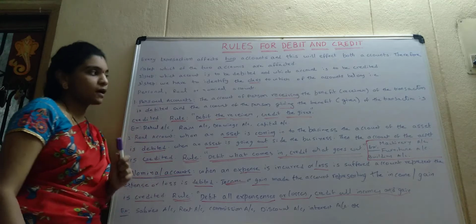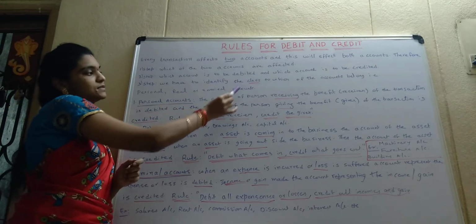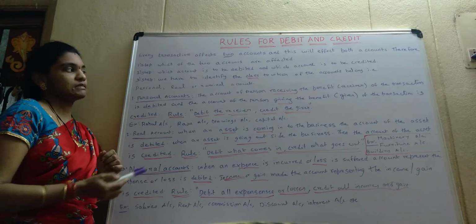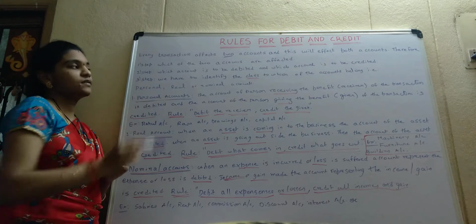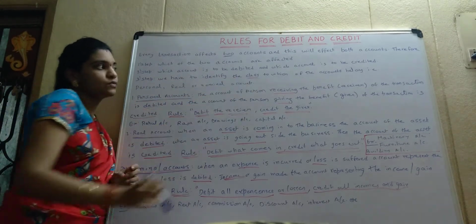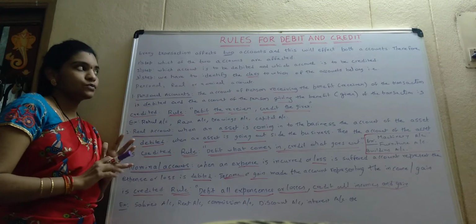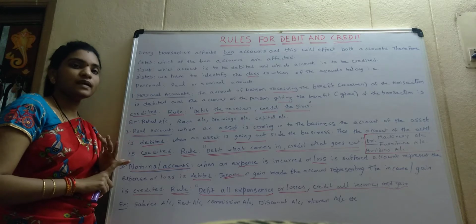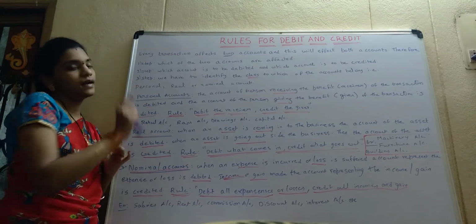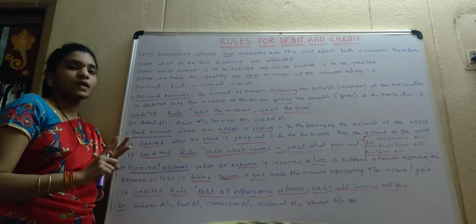For those rules, we have to know about some classes of accounts. We have to identify the class to which each account belongs. First we identify which accounts are affected, and then which account is to be debited and which is to be credited.